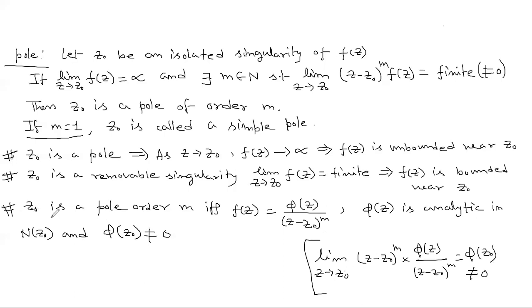Equivalently, we can identify a pole of order m by using this expression also. That means if we can write a function f(z) in this form, where phi(z) is analytic in some neighborhood of z0 and phi(z0) is not equal to 0, then z0 is a pole of order m.